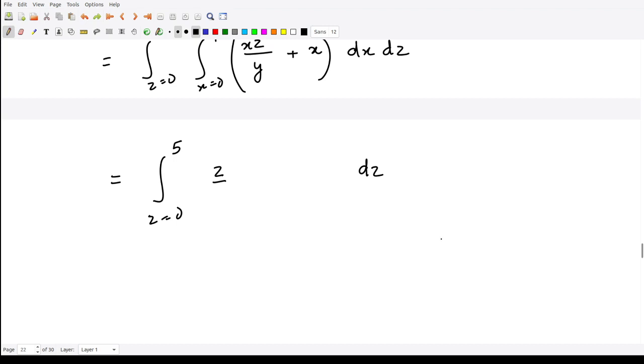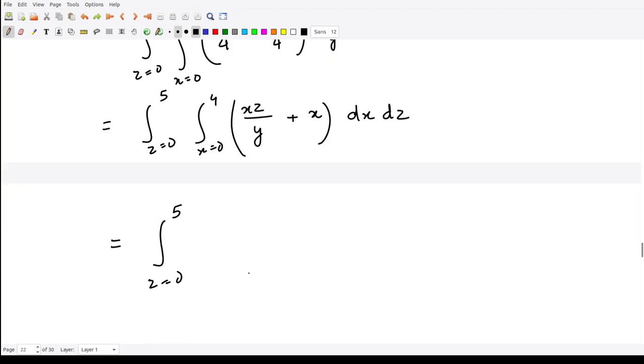So this quantity will become integration of x varying from 0 to 4, x z. Now what is y? We can calculate the value of y from this equation: x square plus y square is equal to 16. That means y is equal to square root of 16 minus x square. So we have to substitute this value over here.